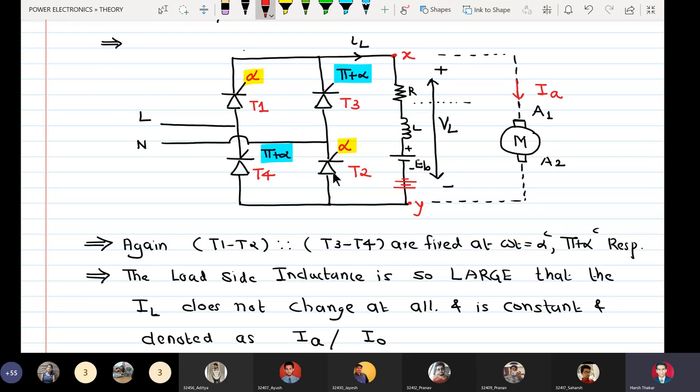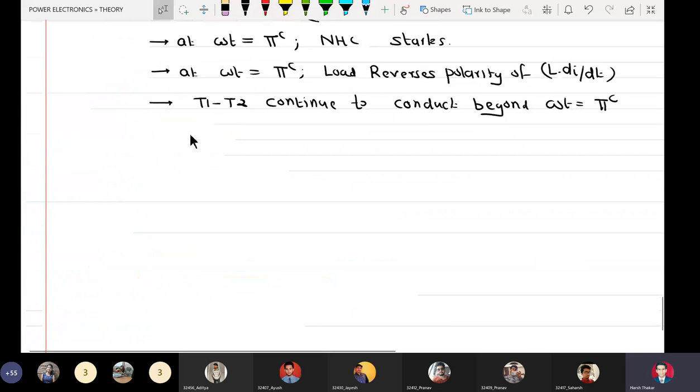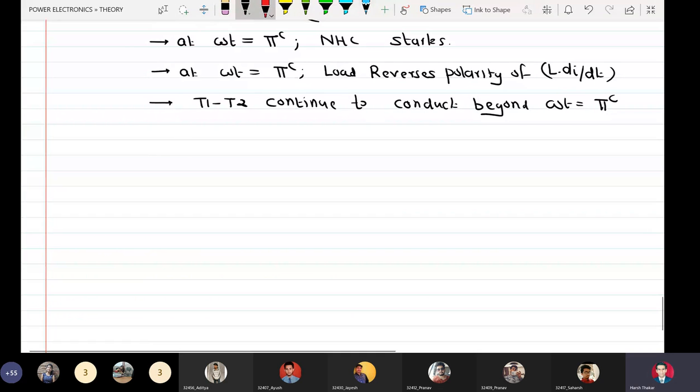Because of this, T1 and T2 continue to conduct in the illegal half cycle beyond pi. And at pi plus alpha, as soon as T3 and T4 are fired, they apply a negative voltage at the anode of T1 and T2. So at pi plus alpha, the incoming SCRs T3, T4 will commutate T1 and T2.